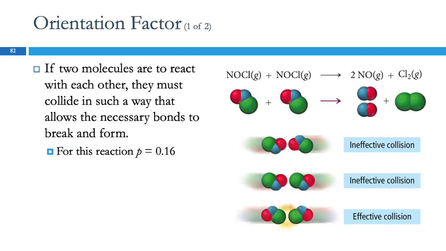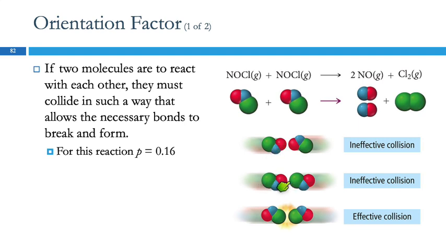So if we have 2 molecules that are going to react with each other, they have to bump into each other in a way that allows the necessary bonds to break and to form. Here we have 2 molecules. They each have 3 atoms, and they're going to form my favorite, NO and chlorine. If they bump like this, nothing's going to happen.